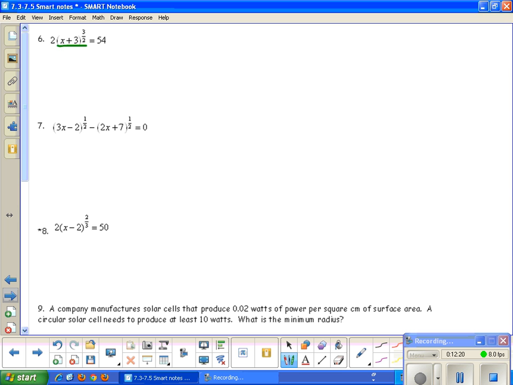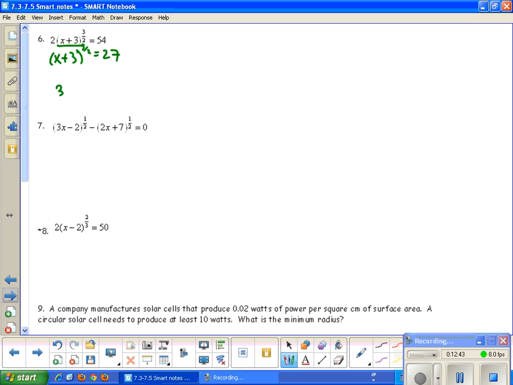And so we get x plus 3 to the 3/2 power equals 27. Now for this one, if I have a power 3/2, I want to get rid of it. So the only way that I can get rid of it is if it was 1.